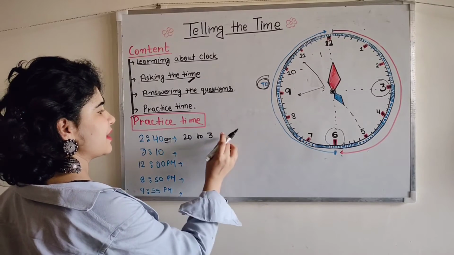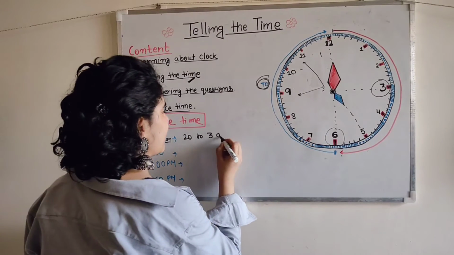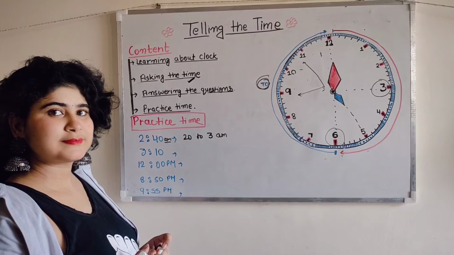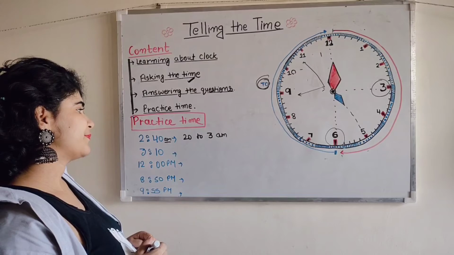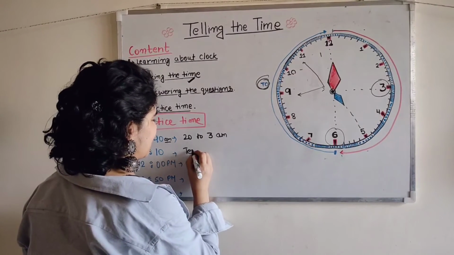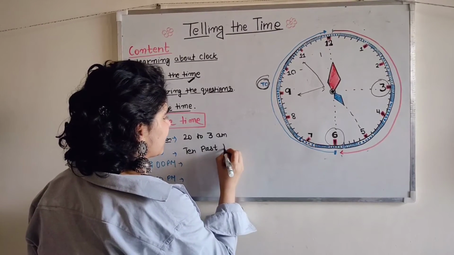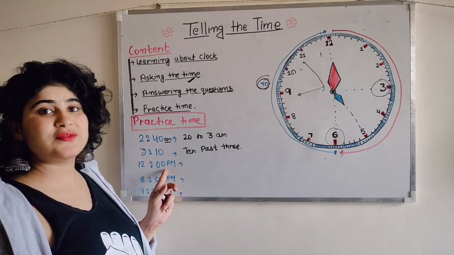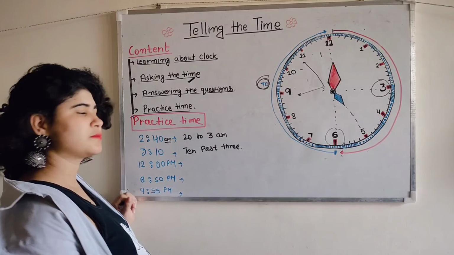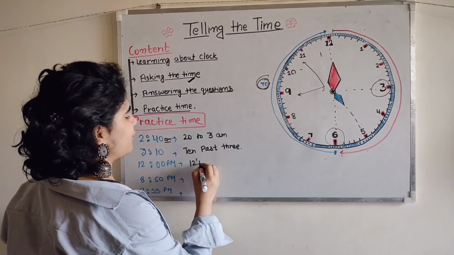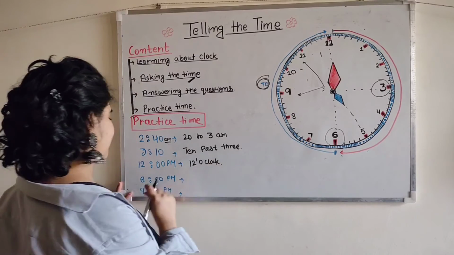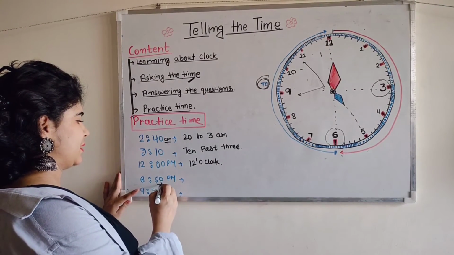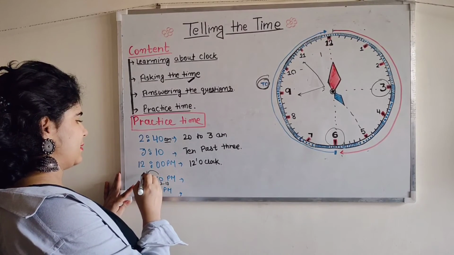Based on that we can mention 22:03 AM. 3:10. 10 past 3. 12 PM. Very easy. 12 o'clock. 8:50. 10 to 9.